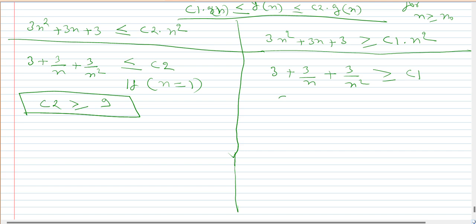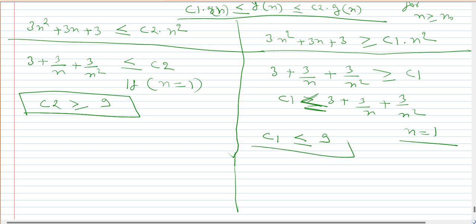So I can say that C1 should be... I'm sorry, C1 should be less than or equal to 3 plus 3 upon n plus 3 upon n square. So if I choose n equal to 1, C1 should be less than or equal to 9.